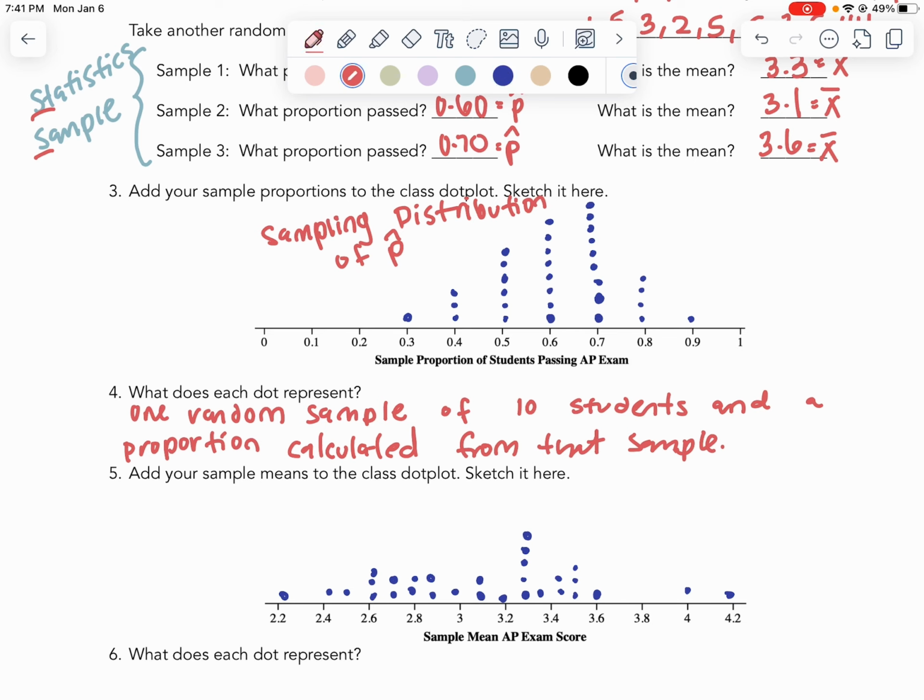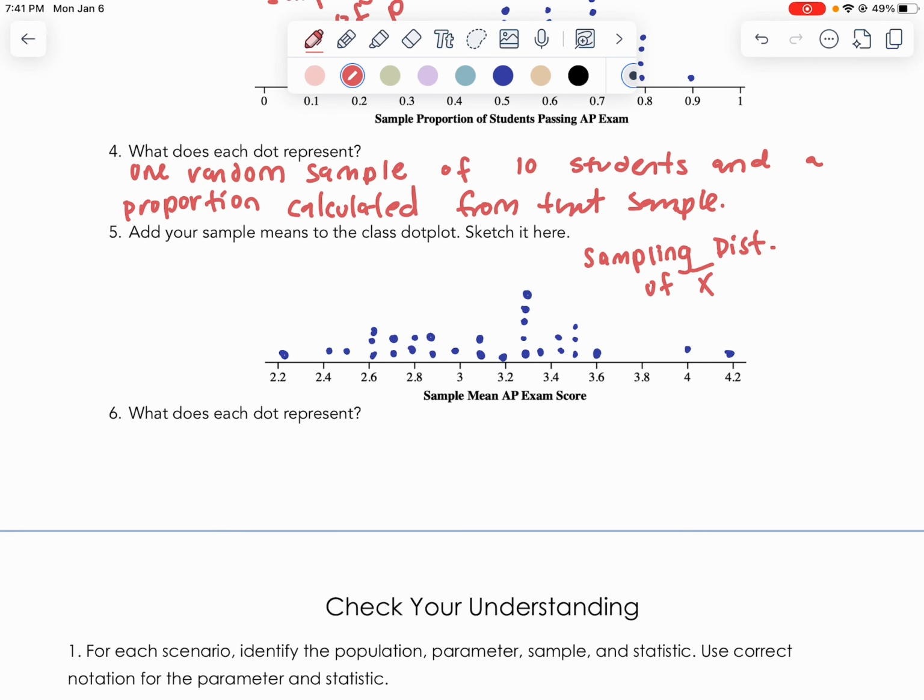And again, this dot plot that I just made here, this is another sampling distribution. But this one is a sampling distribution of x bar, not p hat. So what does just one dot represent in this second one?